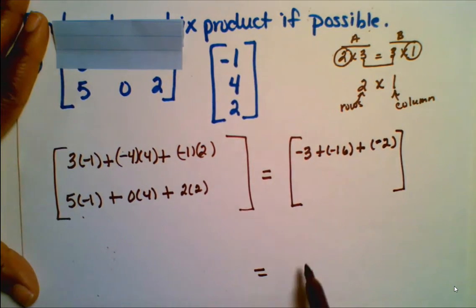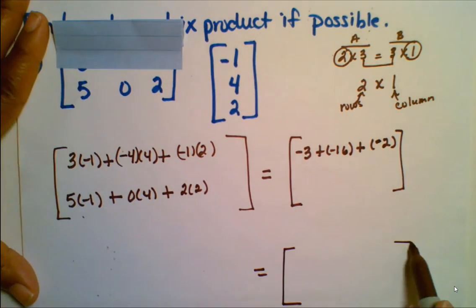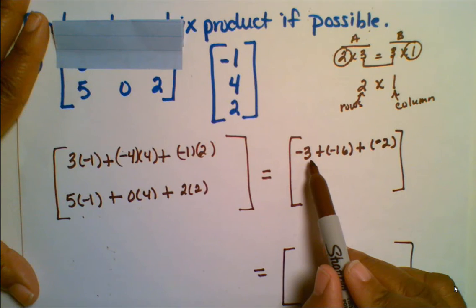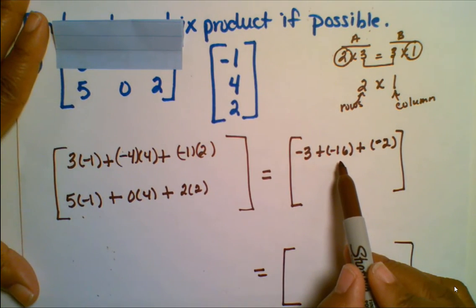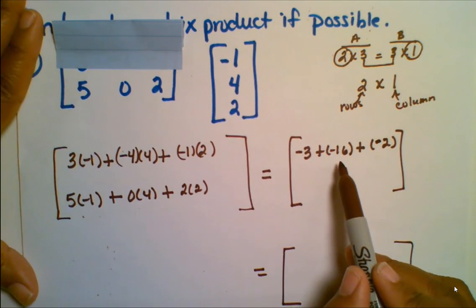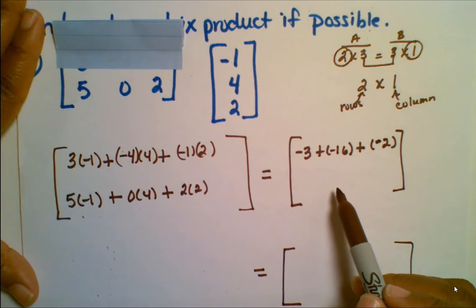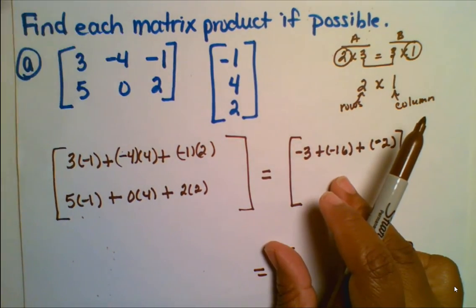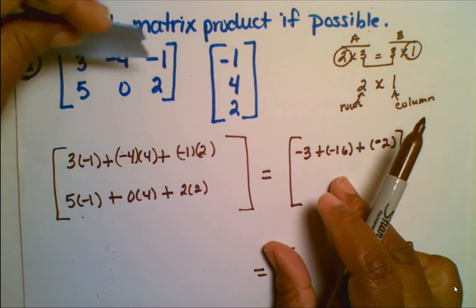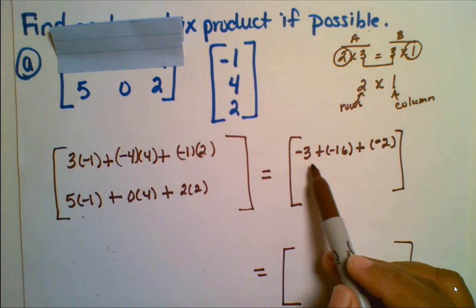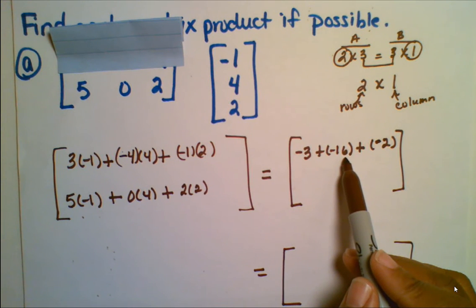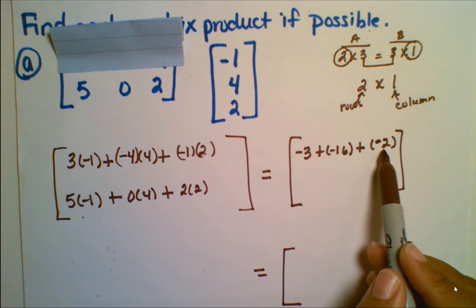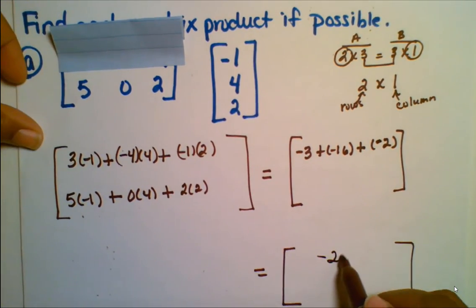And then when we add those together, that is -3 plus -16. I just want to make sure that I wrote this correctly. Yeah, okay. That's going to give us -19, and then plus -2, that's -21.